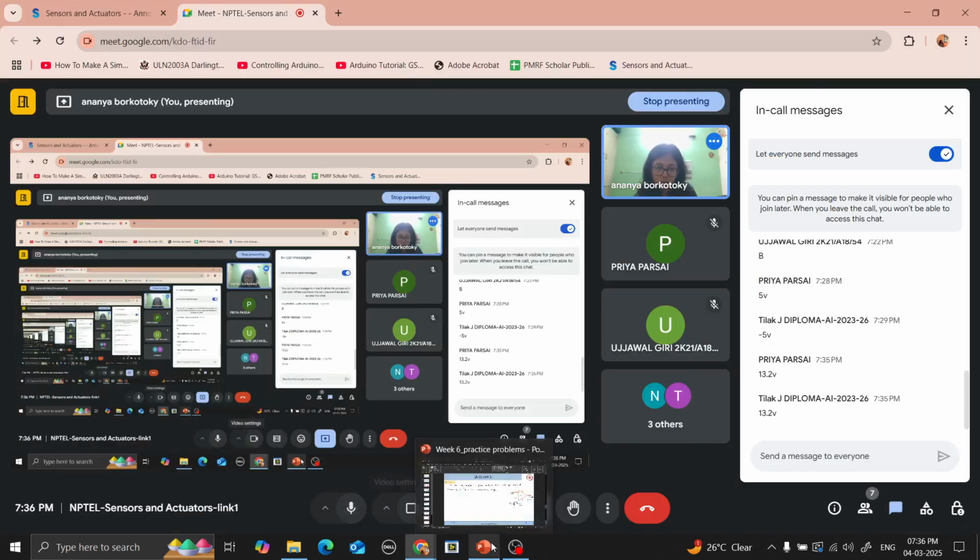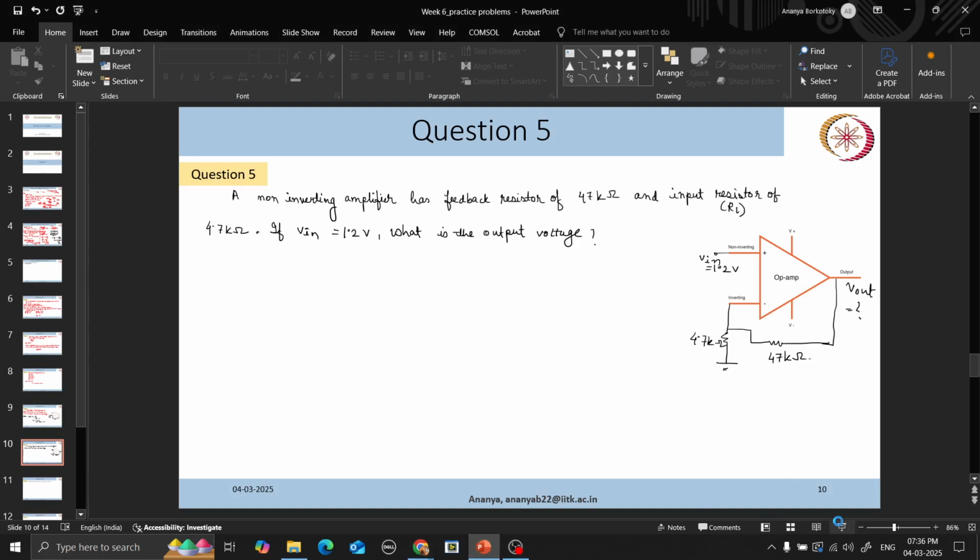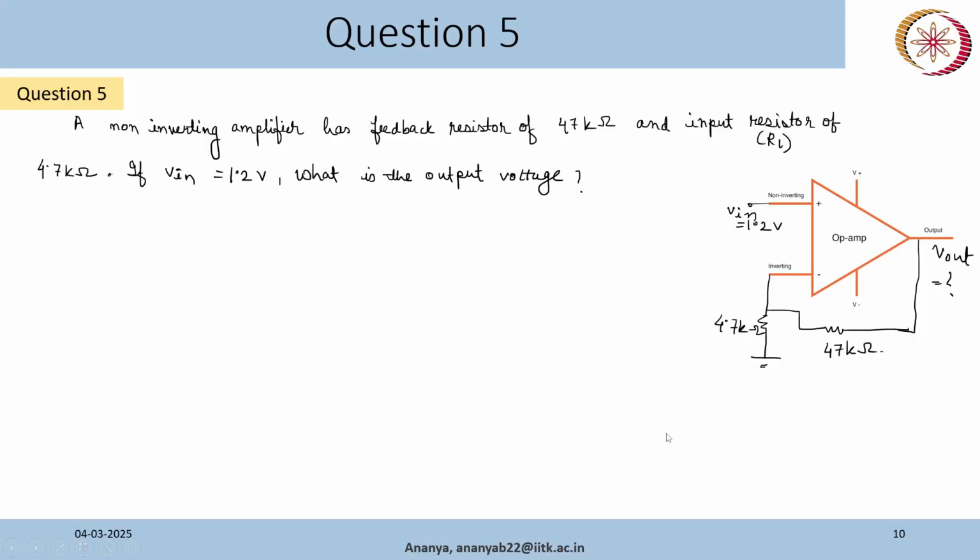13.2, yes. Gain AV is equal to 1 plus 47 by 4.7, so 1 plus 10 is 11. V out is equal to 11 into 1.2.